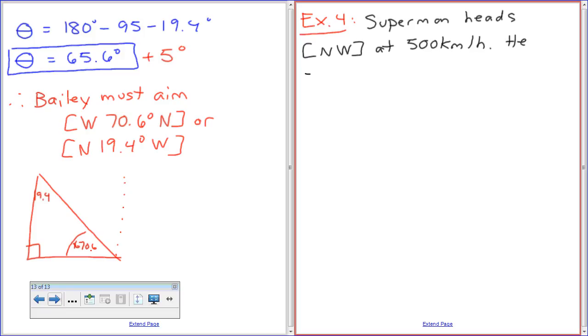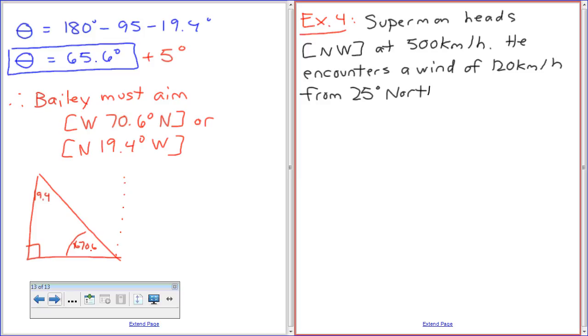He encounters a wind of 120 kilometers per hour, which is a big wind, from 25 degrees north of east. Find the resultant ground velocity.